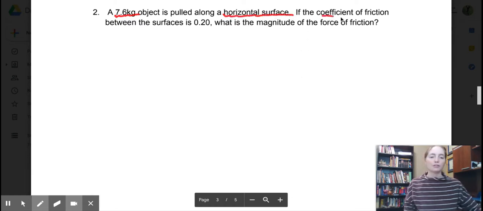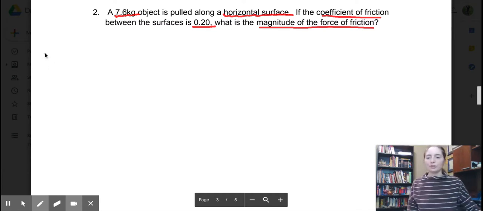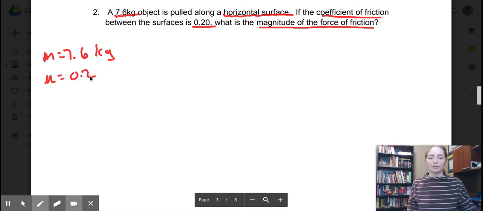If the coefficient of friction between the surfaces is 0.20, what is the magnitude of the force of friction? Okay, well, let's list out what we have here. So we have the mass of 7.6 kilograms. We have mu of 0.2. And not much else. You have gravity of 9.81. You could write that down if you want.